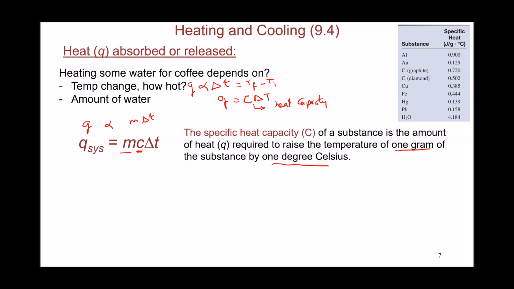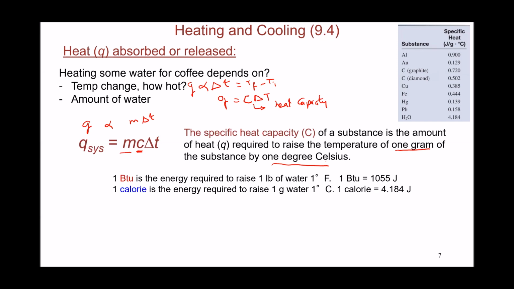Based on this, you can define units of thermal energy depending on the units of mass or temperature. Raising the temperature of 1 pound of water by 1 degree Fahrenheit is 1 British thermal unit, which is 1,055 joules.